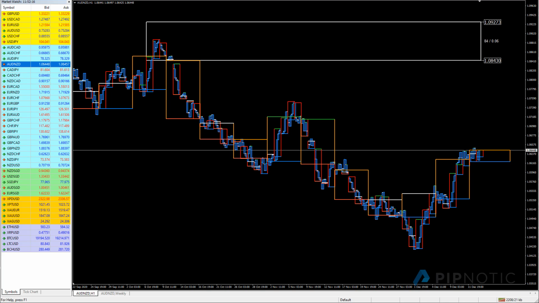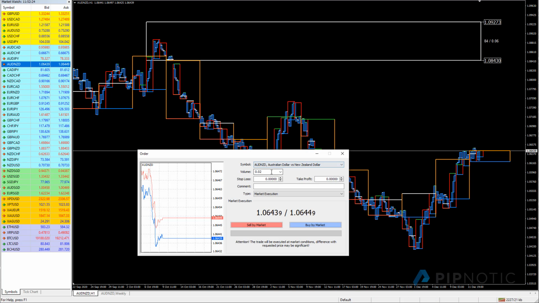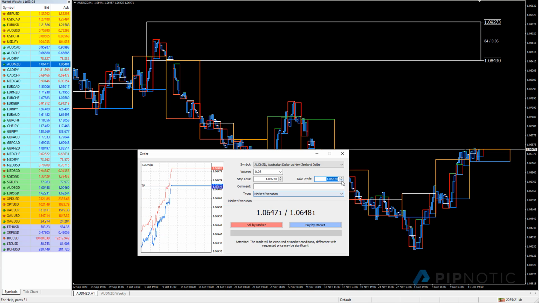Okay, so we'll put a new order in. And this is 6 microlots. There's our stop. Our target we don't know yet. We'll just click it here and let it give us a price, which is always going to be where price currently is.